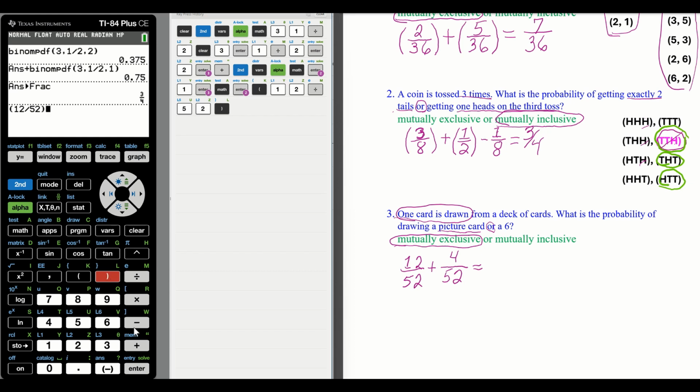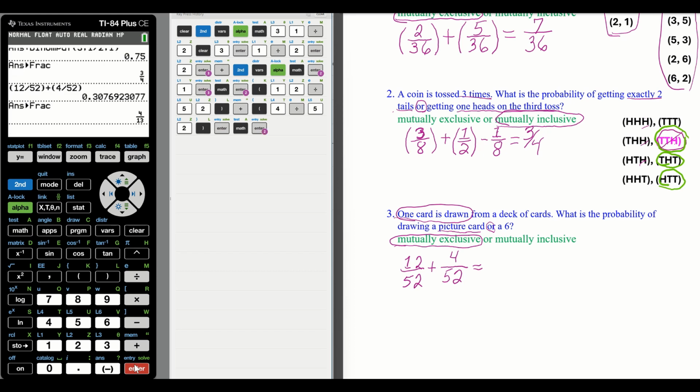Sometimes it's okay. All right, add parentheses, 4 divided by 52. Let's push equal and math, enter, enter, and that's correct. That's 4 out of 13.